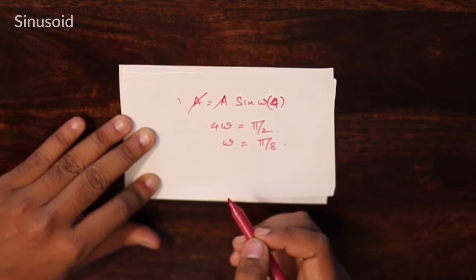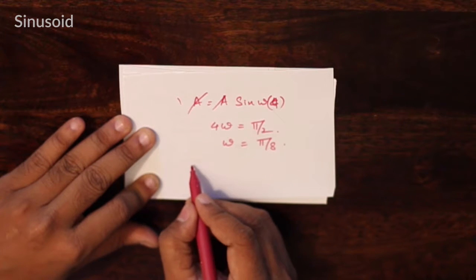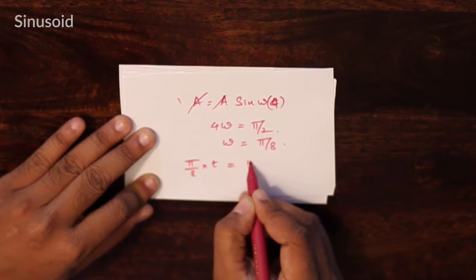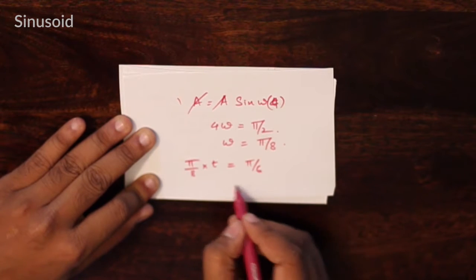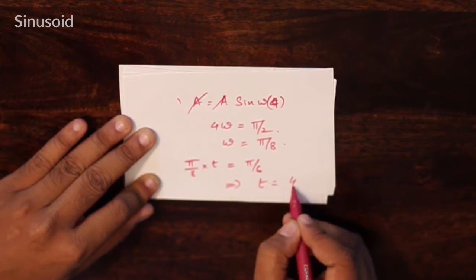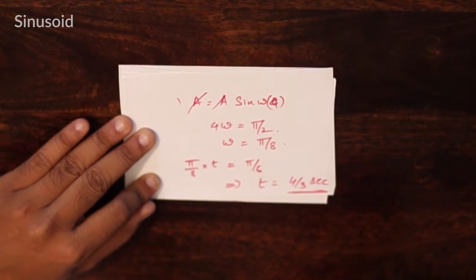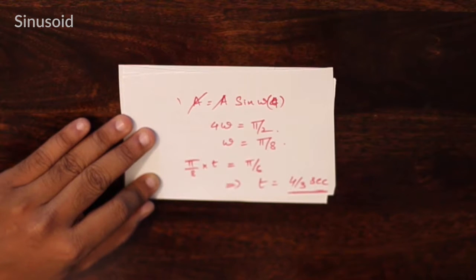So at what time does it become pi by 6? That would be pi by 8 into t is equal to pi by 6, and this gives us t is 4 by 3 seconds. So it is at 4 by 3 seconds that the bob is going to execute a displacement of a by 2.